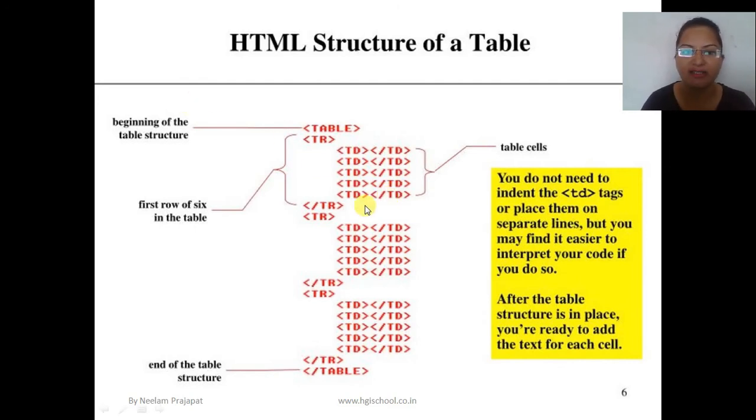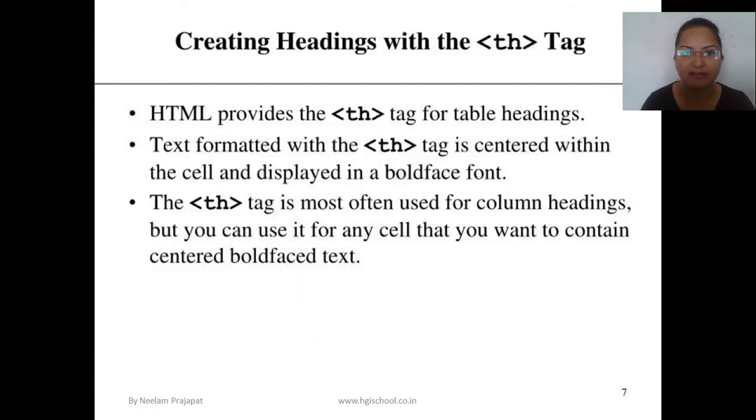Here you can see this is an empty table. It does not contain any content. Only the structure has been prepared with 3 rows and 5 columns. It is not necessary to indent, but you can see the table is properly structured. You can use the Tab key on the keyboard for the indentation so that it looks good and you can understand it well.